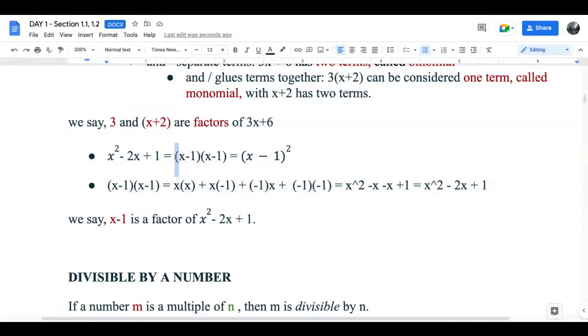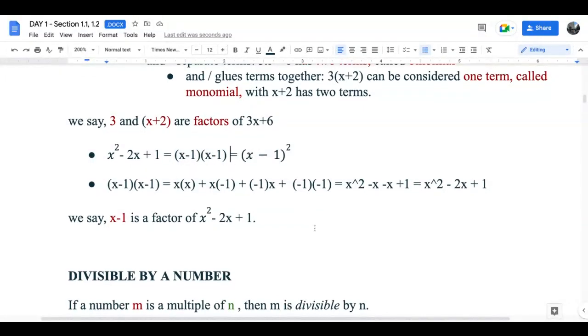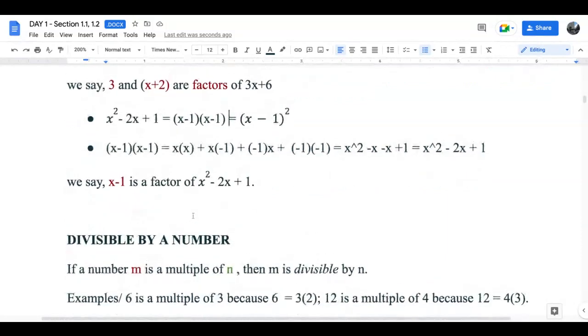For now, you can think, okay, this expression can be factored as this. The two factors are the same, x minus 1, x minus 1. All right. If we do distribution, especially we call this FOIL or double distribution, then we see we get back this expression.